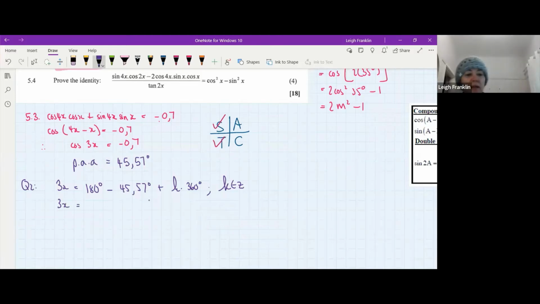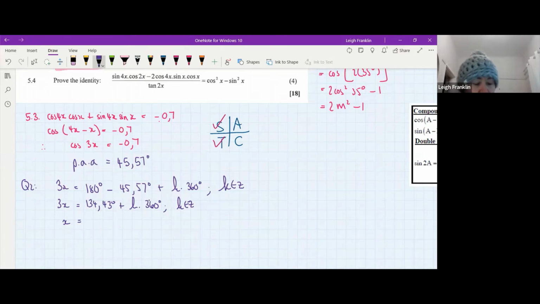So we've got 134,43 plus k times 360. Now we divide each term by 3, the number term and the term with k times 360, so everything must be divided by 3.